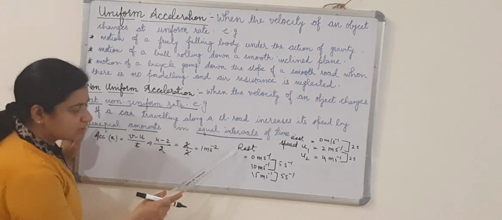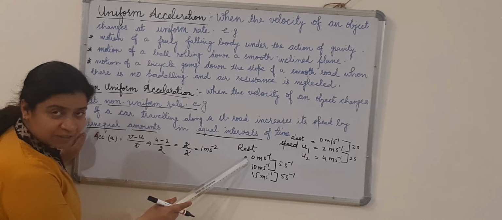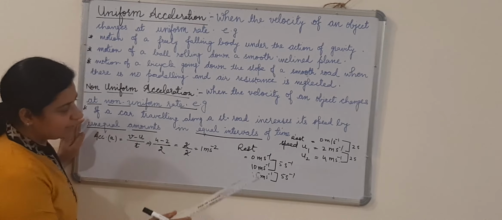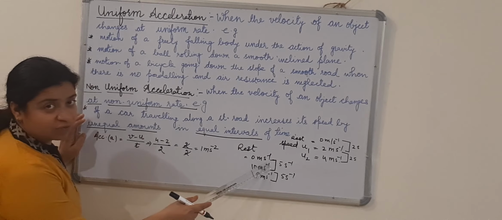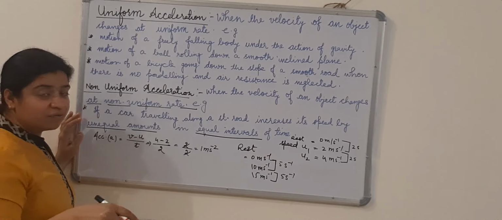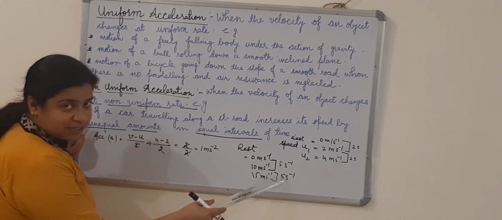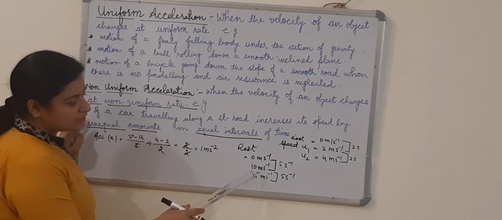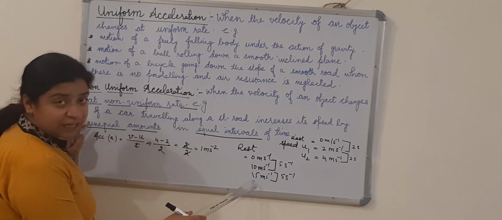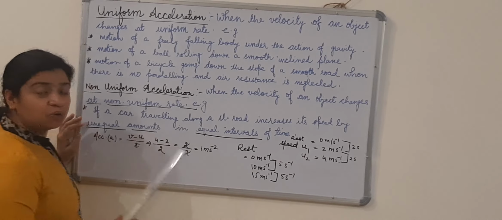First it was at rest, speed was 0 meter per second. Then when you accelerated, the speed changed to 10 meter per second, and to attain that speed, the car took 5 seconds. Then when you accelerated again, the speed of the car came to 15 meter per second, and 10 to 15 again took 5 seconds.